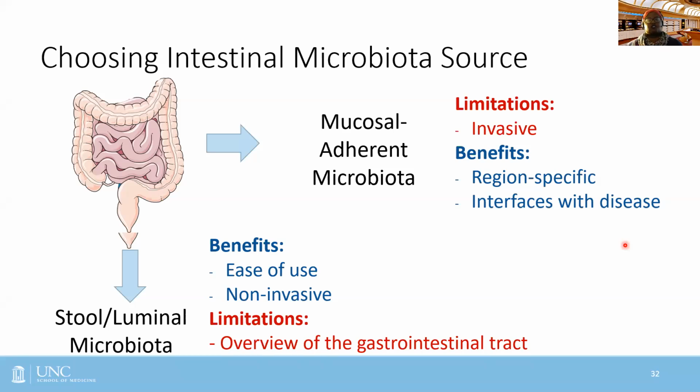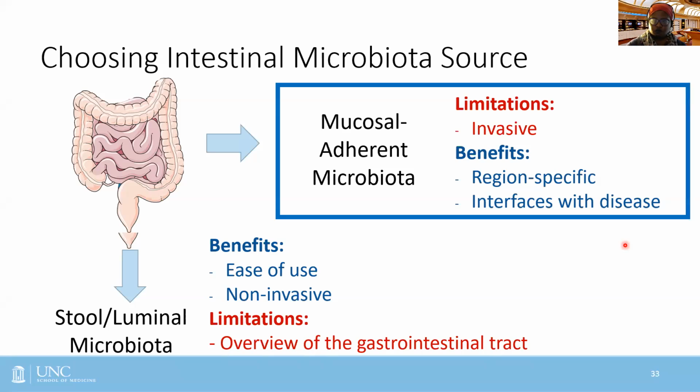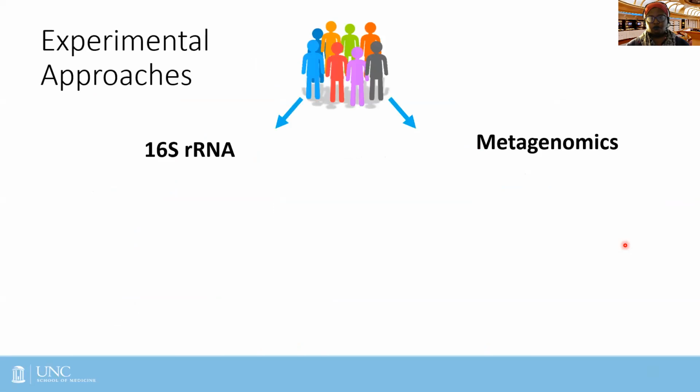And since we have this chronic inflammatory response as seen in Crohn's disease, the mucosal microbiota is also potentially interfacing directly with the disease, which is why we chose the mucosal-adherent microbiota for the focus of our study.